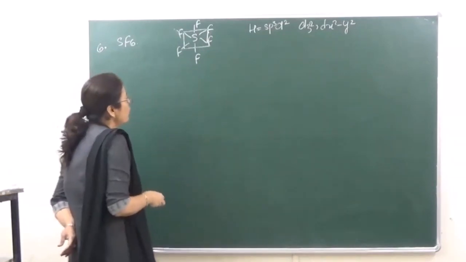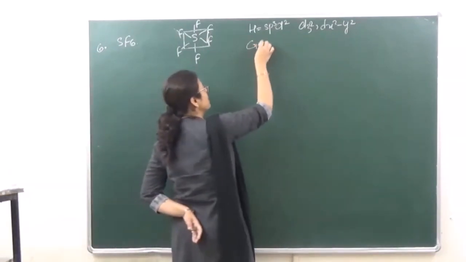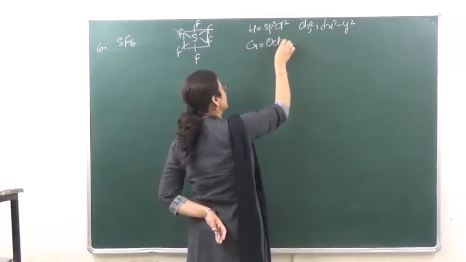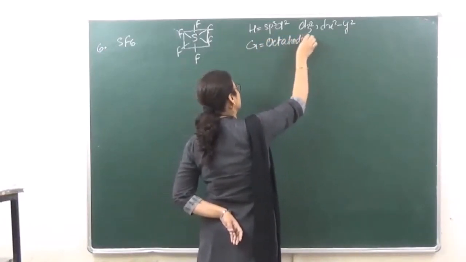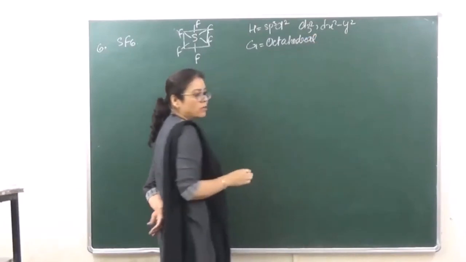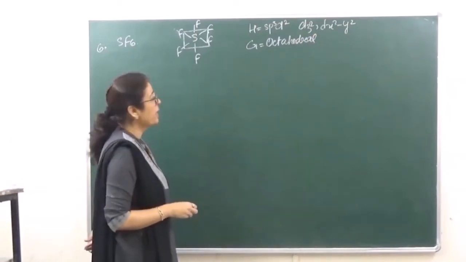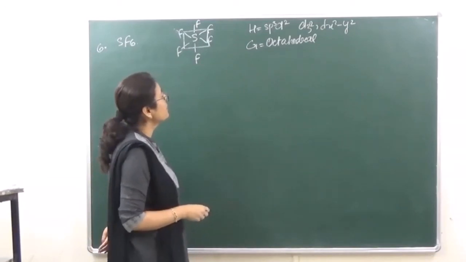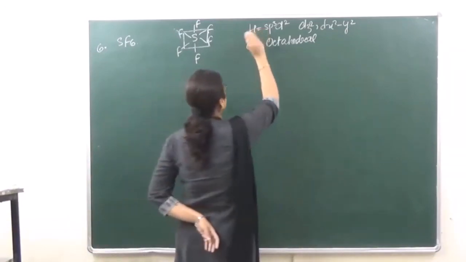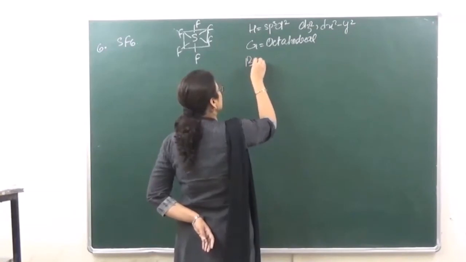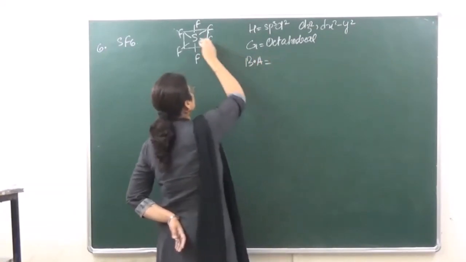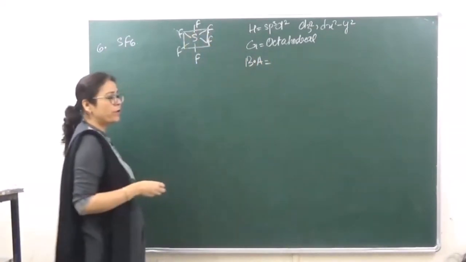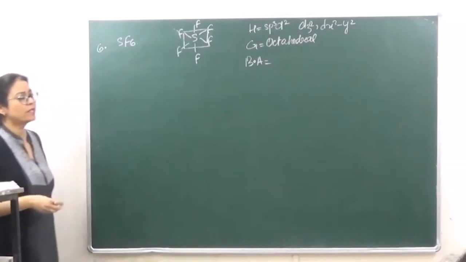ठीक है? Geometry is octahedral, and then we have bond angles. All the bond angles here, you can see that there are 4 equatorial bonds and 2 axial bonds.